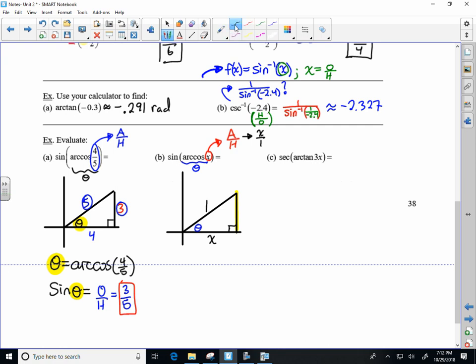A little Pythagorean theorem helps you figure out what the remaining side is. What would that be, by the way? Yeah, square root of 1 minus x squared. So set up your Pythagorean theorem, put your information in, and just solve for the missing leg, and that's what you'll get.